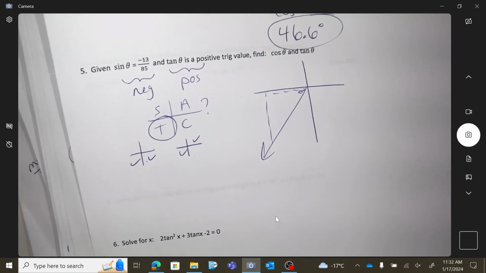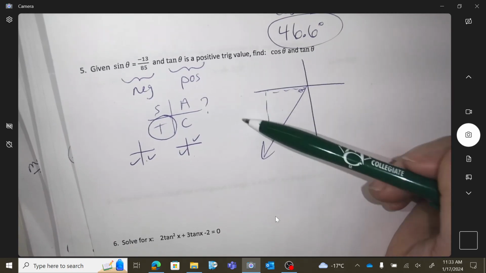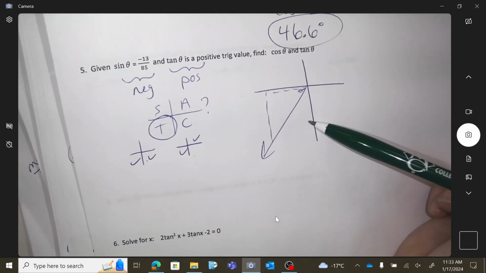Trig always connects to right triangles. We're going to place a 13 and an 85 on this triangle.